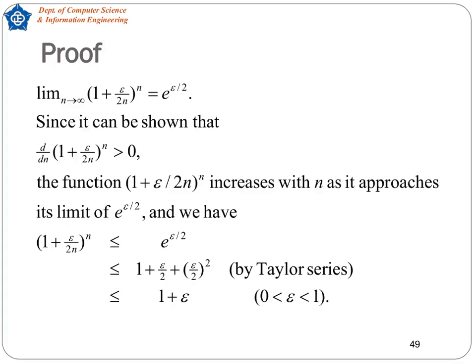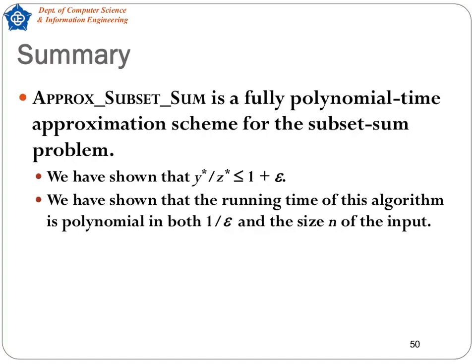And for 0 < ε ≤ 1, this is bounded by 1 + ε. Putting these steps together yields the desired inequality (1 + ε/2n)^n ≤ 1 + ε and completes our proof.